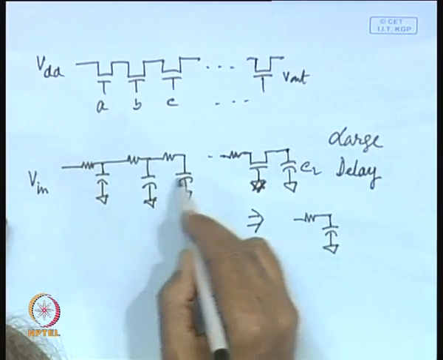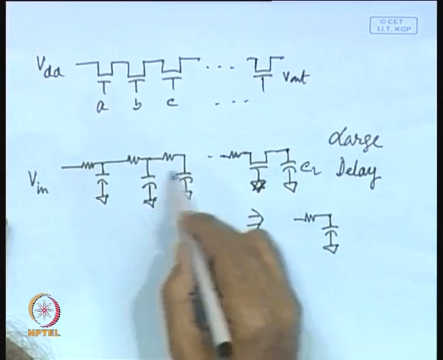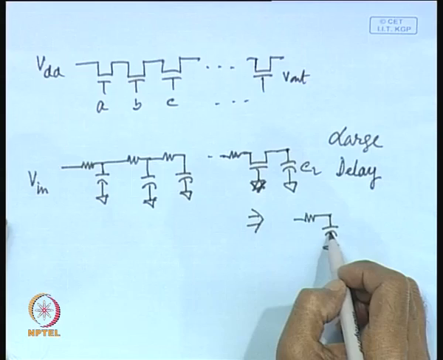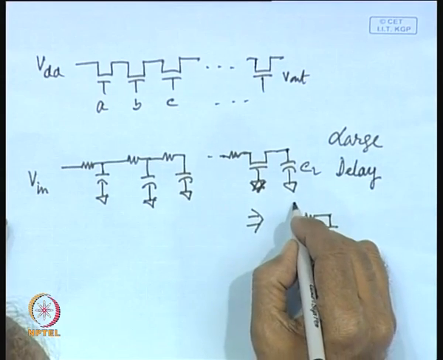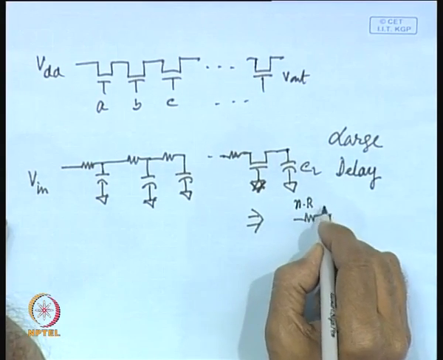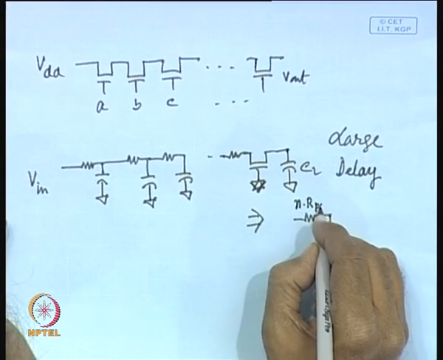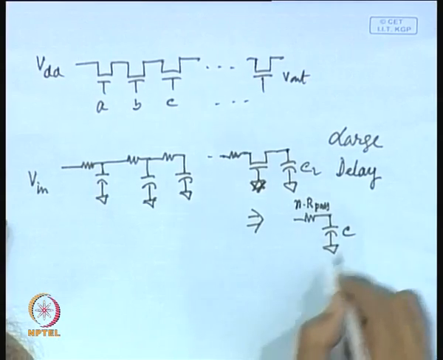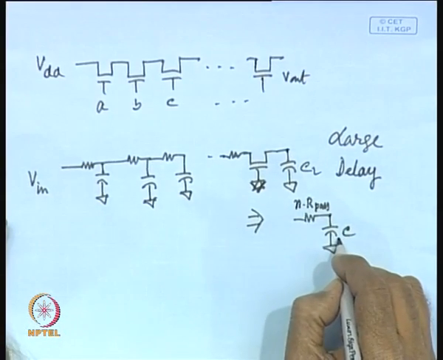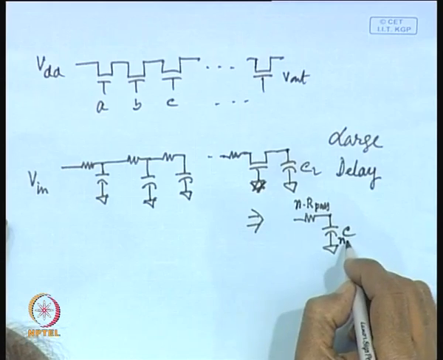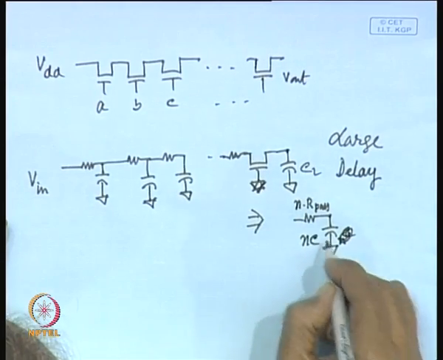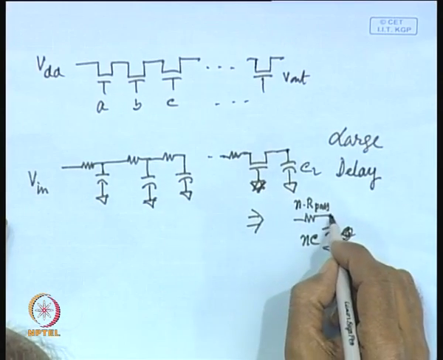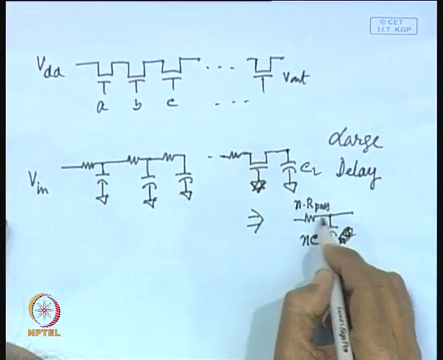So, this network can be modeled as a single resistance and a single capacitance, where the resistance value is equal to N into R pass, the resistance of the pass transistor, and C is equal to N into C. So, equivalent capacitance is N C and equivalent resistance is N R pass.